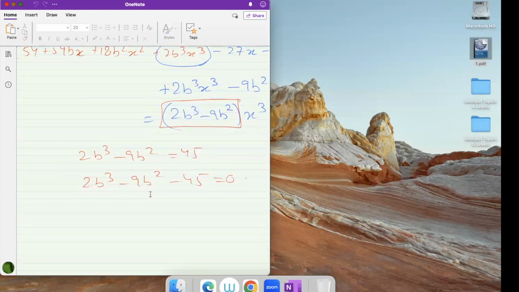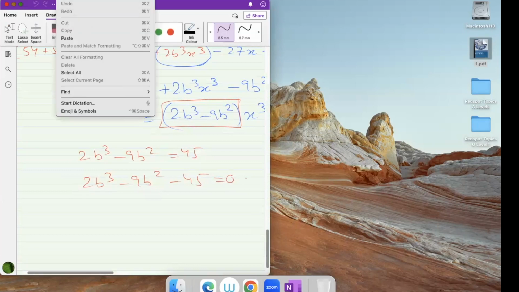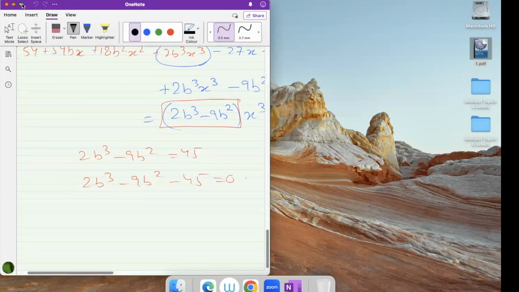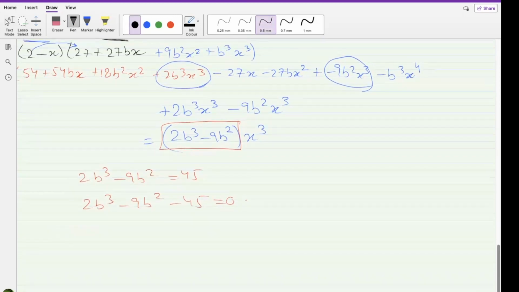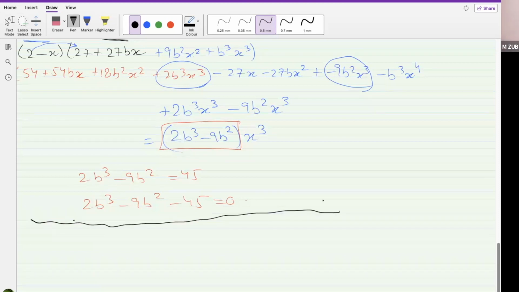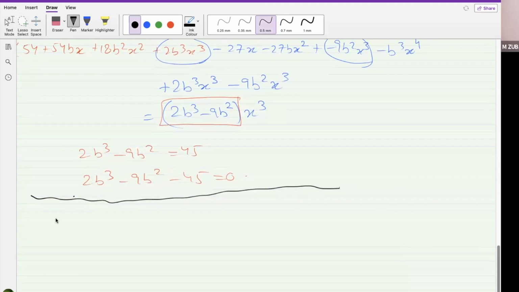Okay, two small concepts before we move on to binomial expansion. One is factorial.